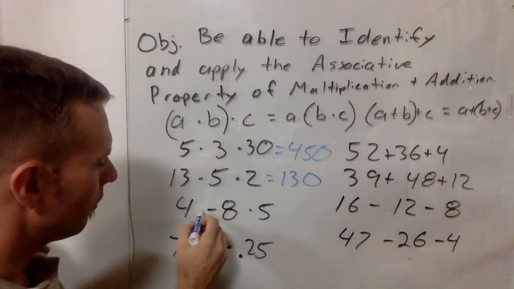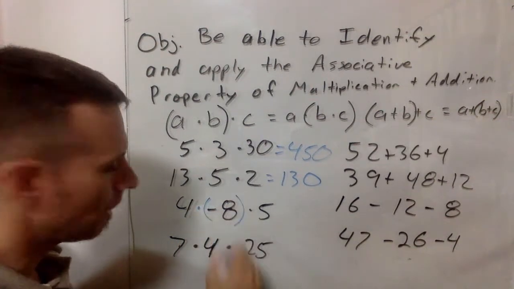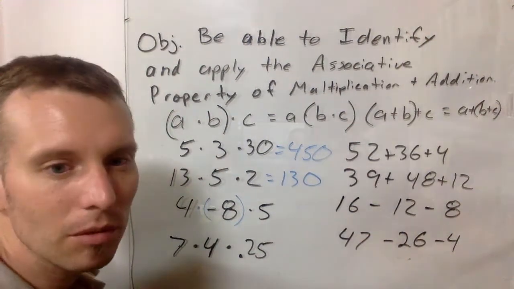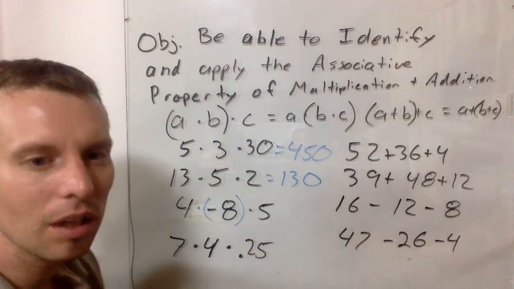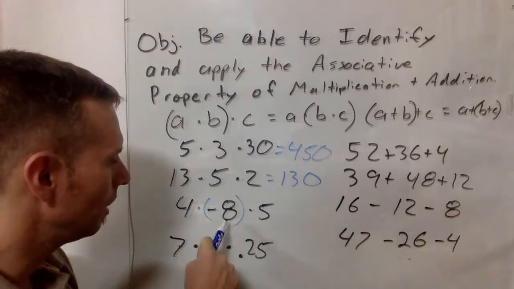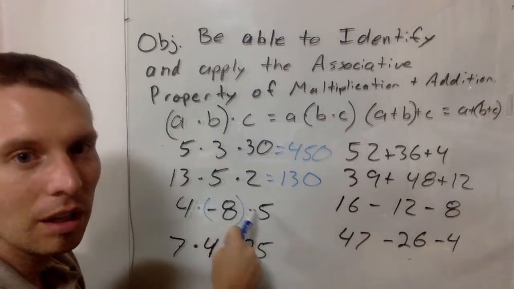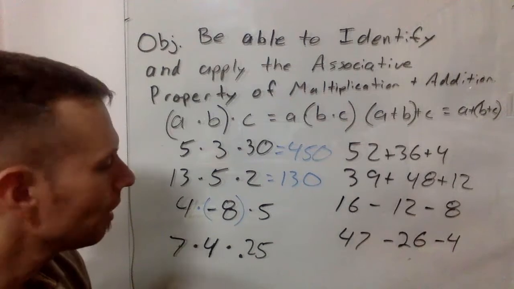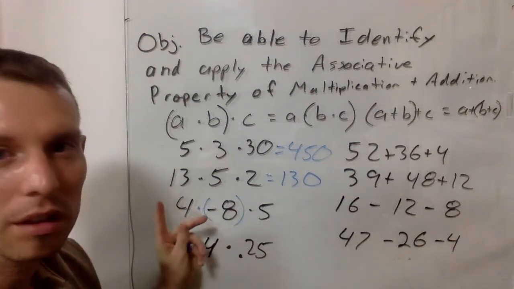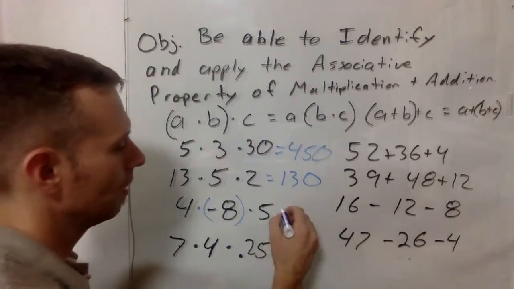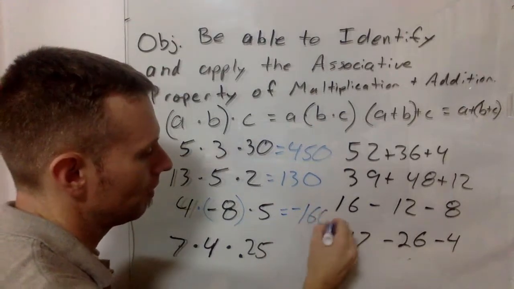This is 4 times negative 8 times 5. Okay, easy way to do that would be negative 8 times 5 is negative 40, and negative 40 times 4 would be negative 160.